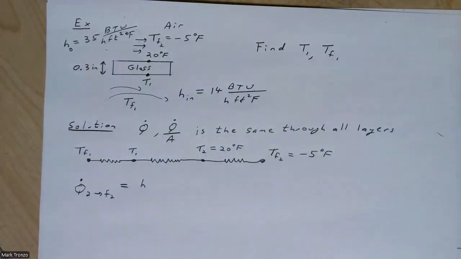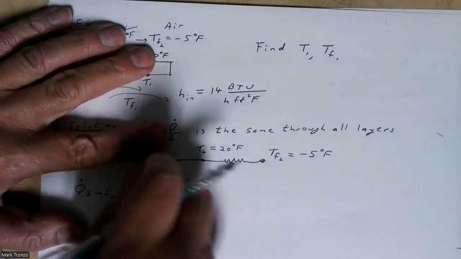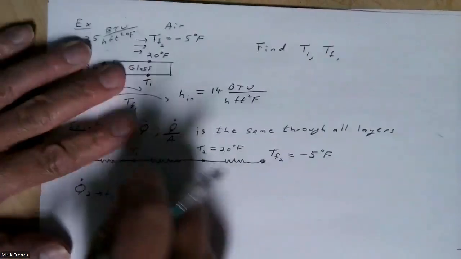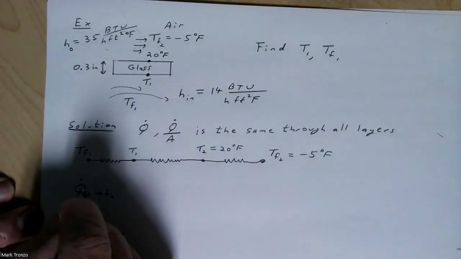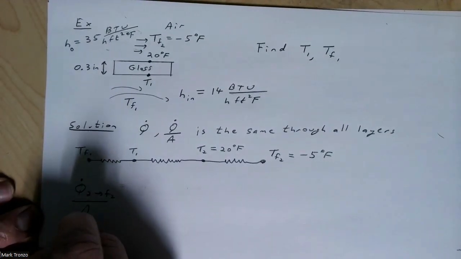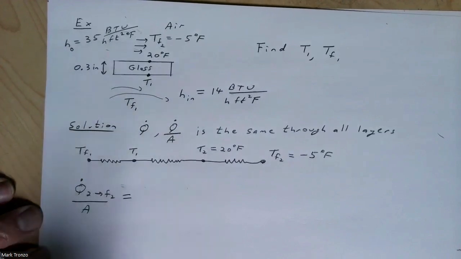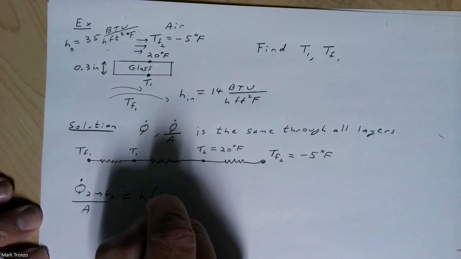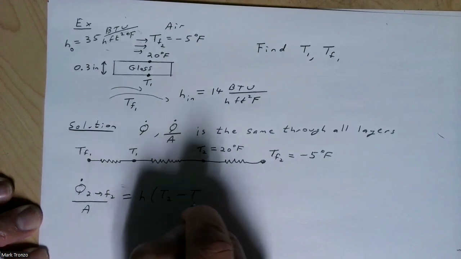Again, we're not given the surface area, so we're going to have to calculate per square foot. So I'll divide both sides by area A, and that's going to be h times (T2 minus TF2).